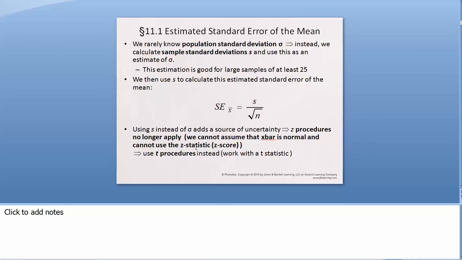Instead of the Z statistic, we will have to use the T statistic if you have a small sample. Now, the T statistic we will realize is almost the same as the Z statistic. That's the nice thing about this chapter. We have learned more than 75% of what we need here. Only a little bit of new things we will be learning in this chapter. But it is good, it is a good review actually. All right.